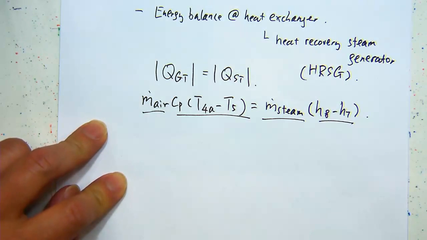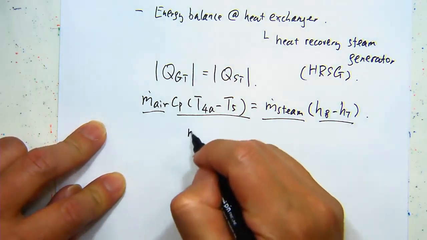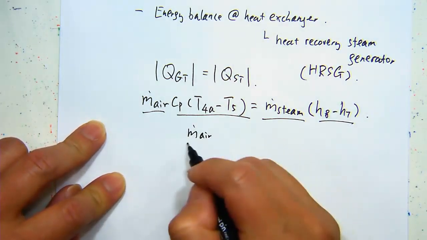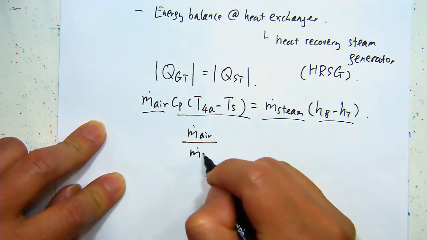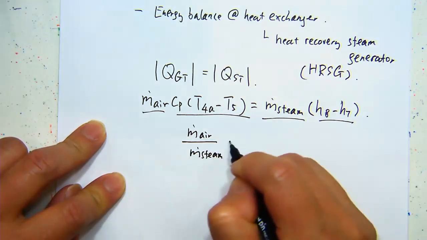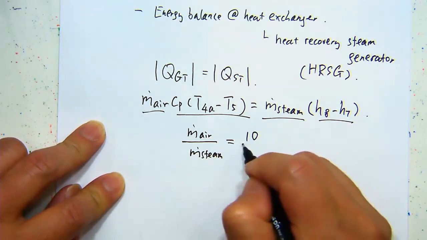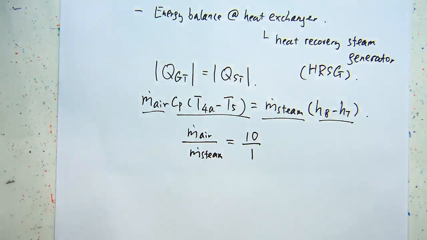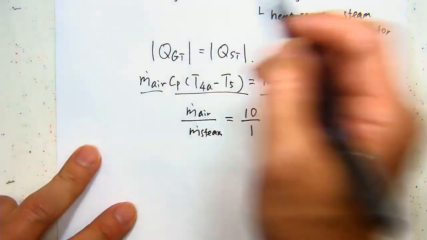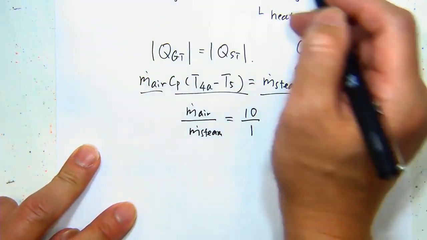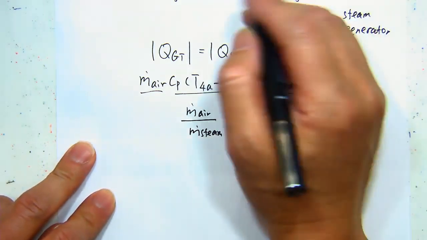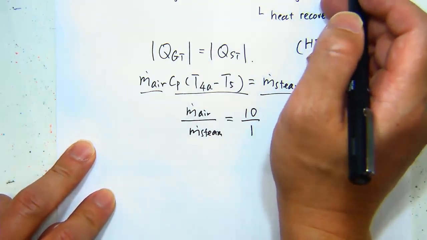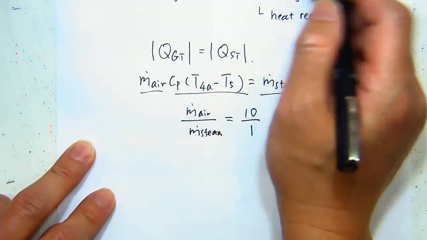Then you can determine that the m dot air versus the m dot steam is something around 10 to 1. All right. So then if you consider this equation there, we can just bring this as a function of the mass flow of air.